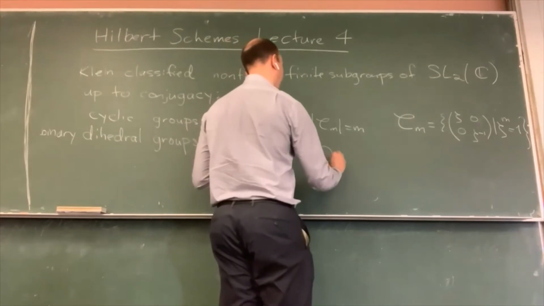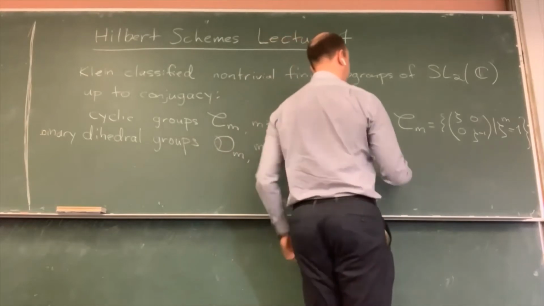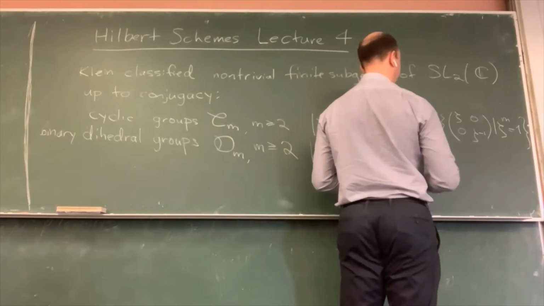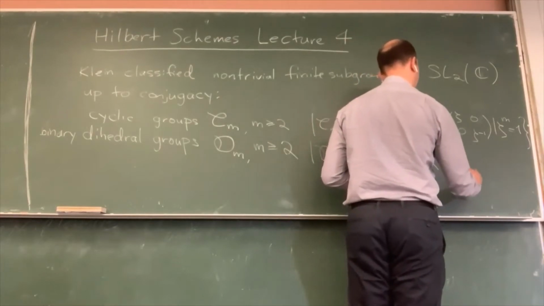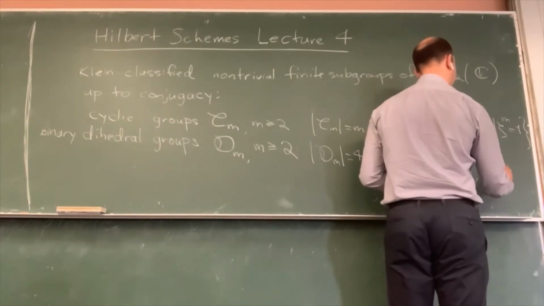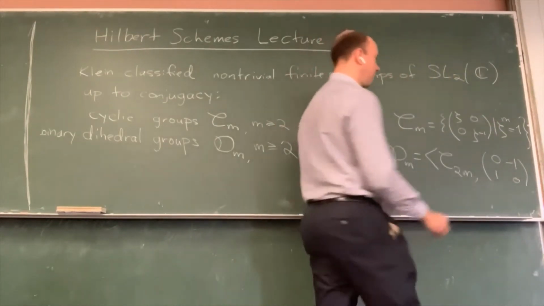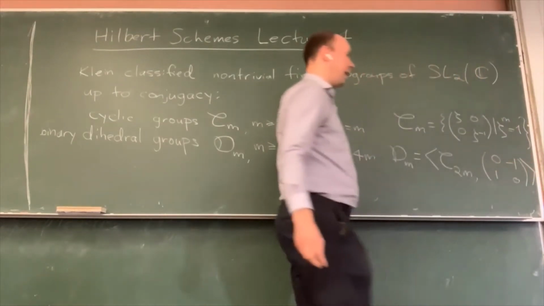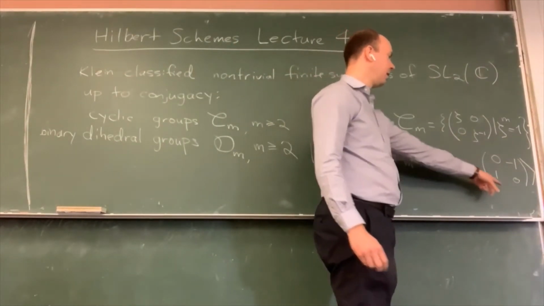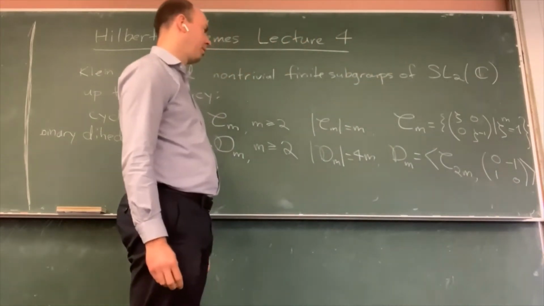This is a group of order 4m, and to write down a particular representative of the conjugacy class, you can take the group generated by C2m and the matrix 0, minus 1, 1, 0, like that. So this diagonal cyclic subgroup here, except with 2m instead of m, and take that matrix as well, they'll generate a group of order 4m, and that's called the binary dihedral group.